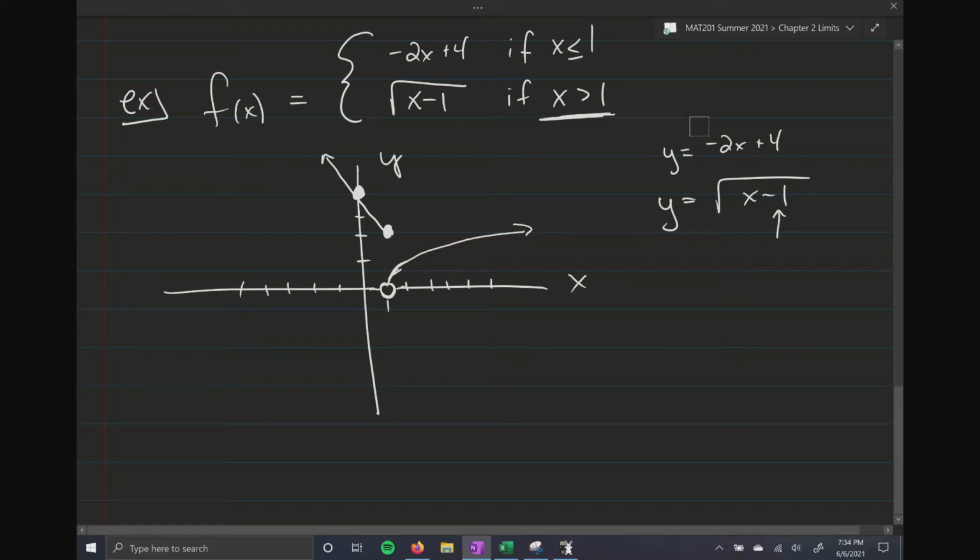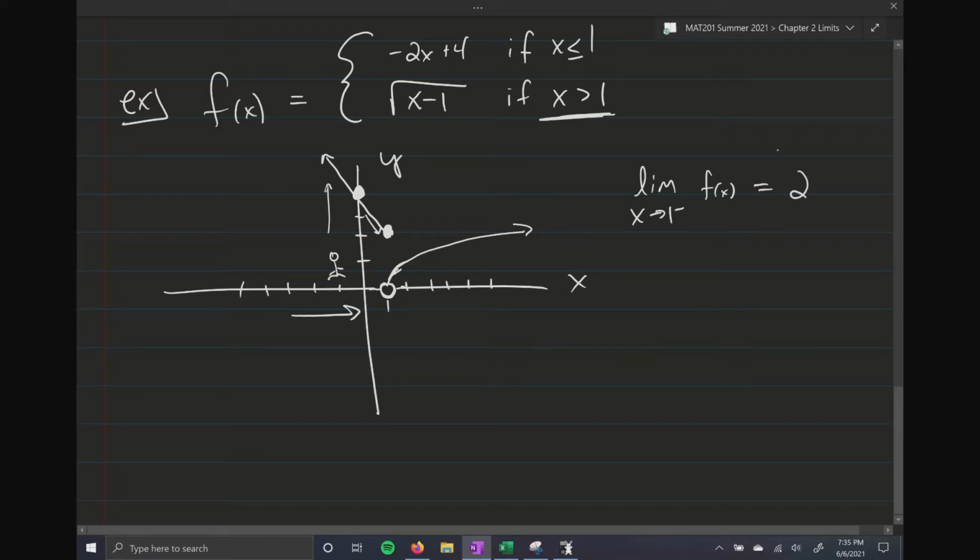Okay? So now that we have our piecewise defined function here, let's go ahead and evaluate the limit as x approaches 1 from the left of f of x. Well, remember, we're approaching from the left, so we're coming this way. I pretend I'm walking on a line, and I look up, and since I'm approaching 1 from the left, we're coming down this way, and that looks like it's going to equal 2.